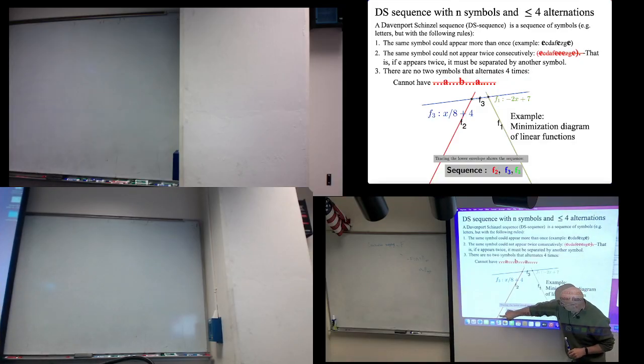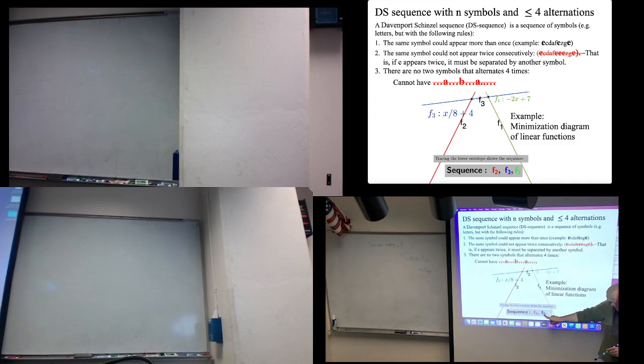And then I'm walking along these segments, along the lower envelope, and I see that for a while I'm on the function f2, remember, all linear. I'm on f2, then I'm moving to another function f3. So the sequence that I create so far is f2, followed by f3, and then going to f1 over here.